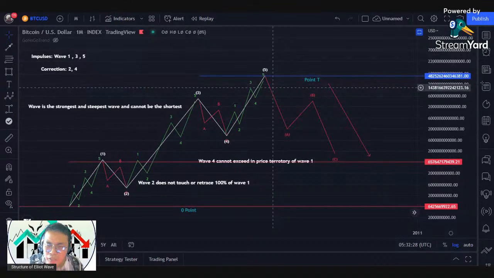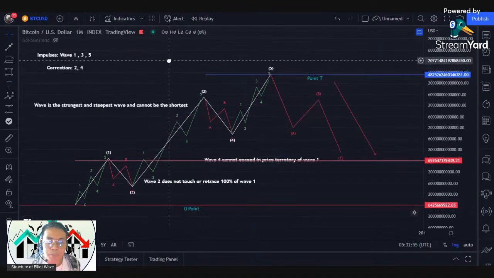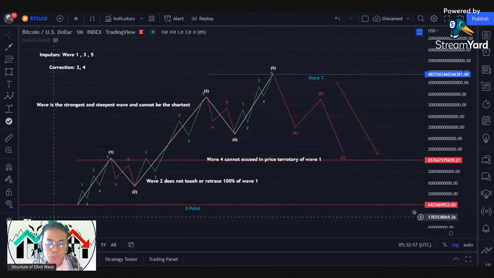Are we in a micro wave, or a minor wave, or a major wave? So we don't know where we are now. It is very important to look at the market map. Okay, so I'm going to delete this and show you.